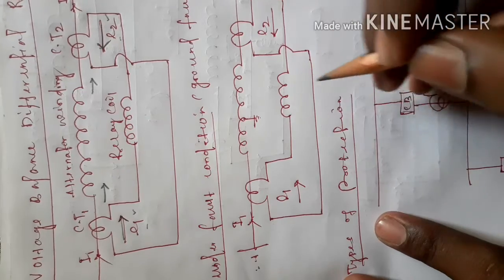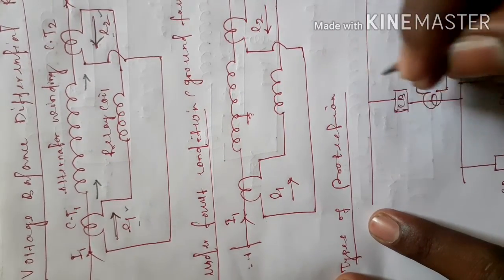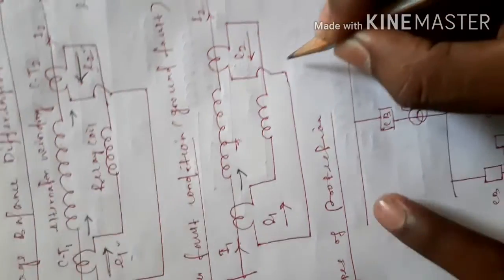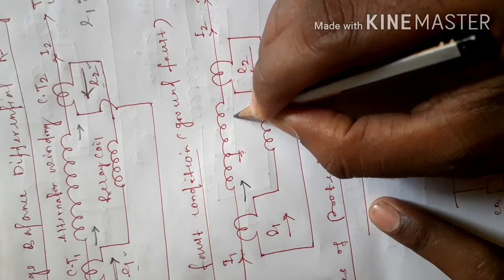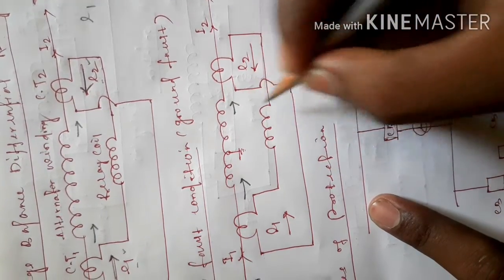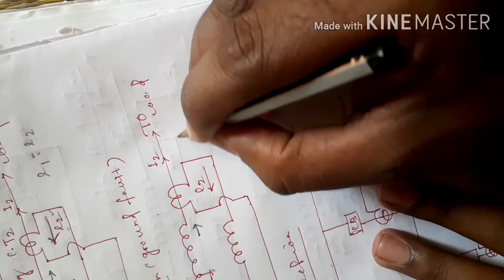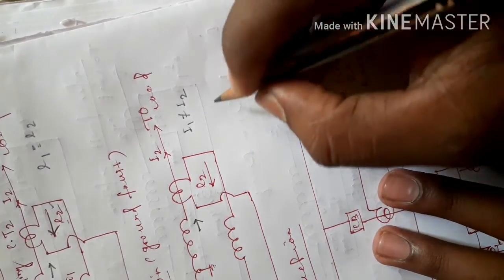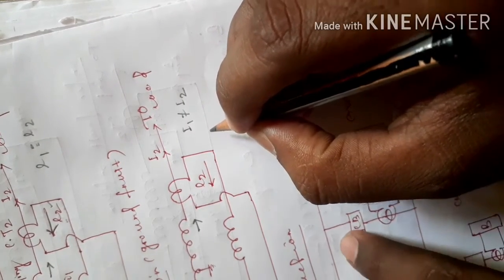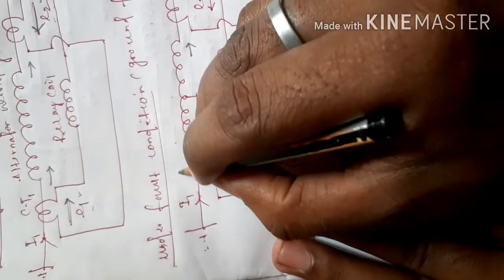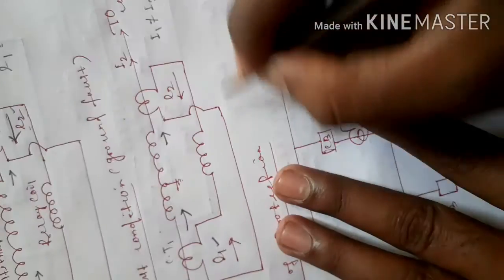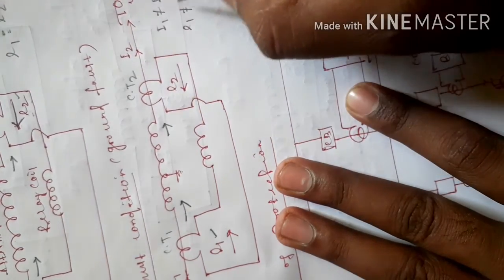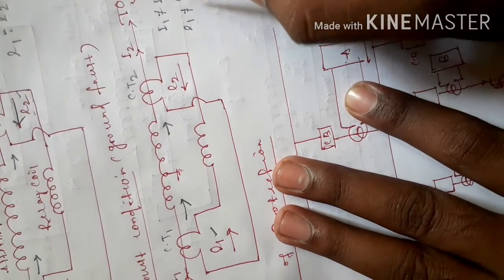But when a fault occurs, the amount of current incoming to the alternator winding is not equal to the amount of current outgoing from the alternator winding. That means the magnitude of I1 is not equal to the magnitude of I2, and hence the voltage induced in CT1, that is E1, does not equal the voltage induced in CT2, that is E2.